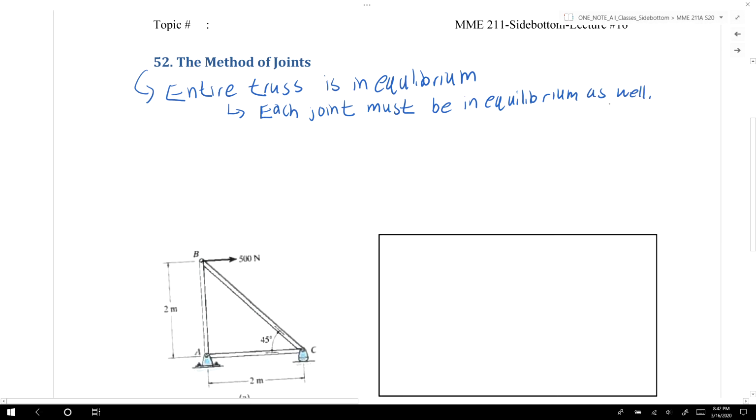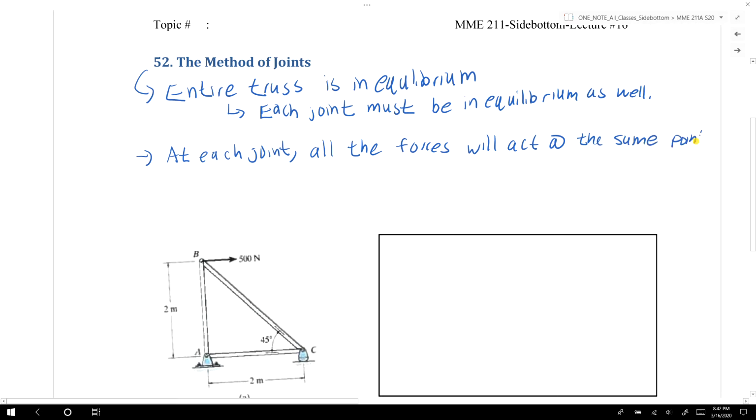Since in the last video we talked about that at each joint, all the forces will act at the same point, therefore no moments will develop.